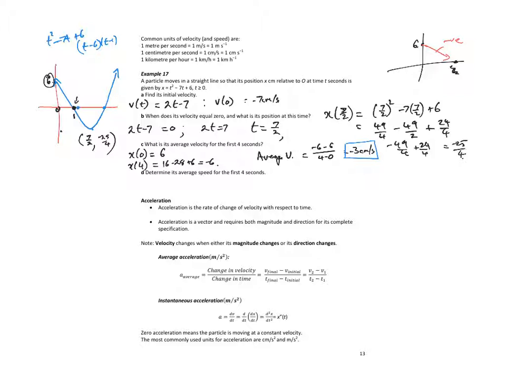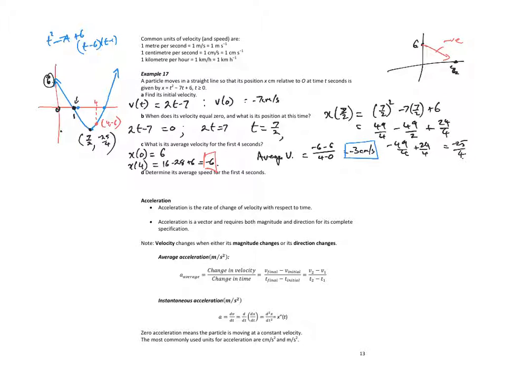So that means after 3.5 seconds, I'm down here at negative 25 on 4 centimetres. And then half a second later, at t equal to 4, I was at negative 6.